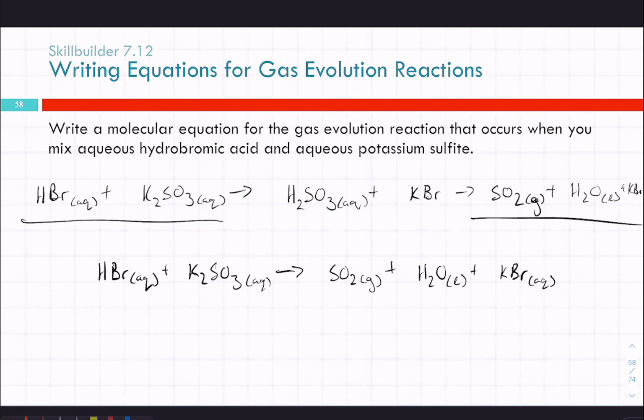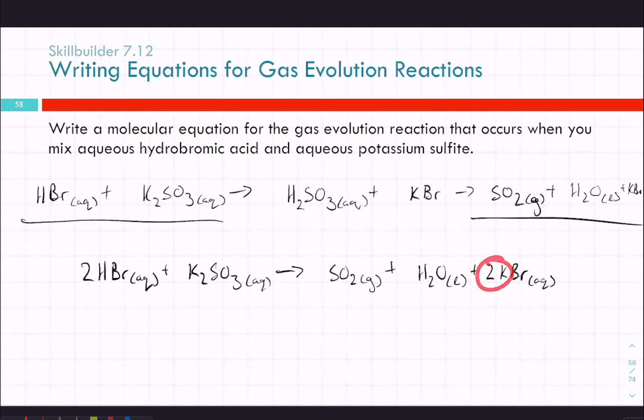So we can start with hydrogen, because it's only present in one compound. So we have two hydrogens on the right, one on the left. So it's 2 HBr. So now we've got hydrogen balanced, but now we need to balance bromide. So then we'll add a 2 there as well. So now bromide is balanced. We have to balance potassium.